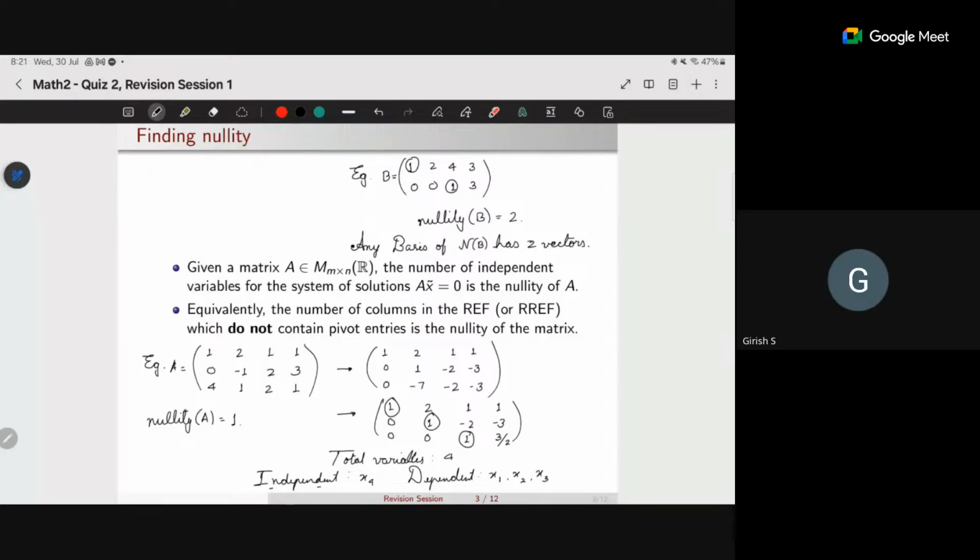And if I know how to compute these 2 vectors, then I'm in good shape, right? Because then everything can be written as linear combinations of those 2 vectors. In this case it is 2, but whatever the nullity may be, if there is a way to compute those n vectors, then every other vector can be written as a linear combination of them.